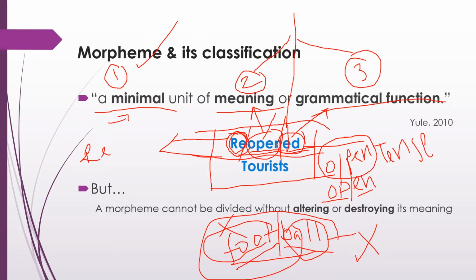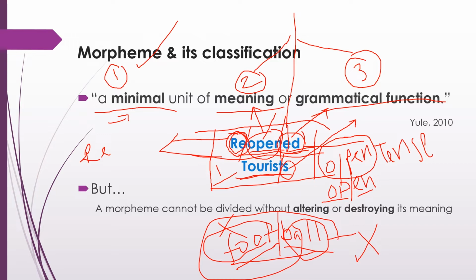At the same time, if you look at this particular word tourists, you have tourist and s. Whenever you are referring to tourist, you are referring to only one person, that means singular. But whenever we are adding s after tourist, then we are referring to a plural situation. So that means there are more than one tourist. So that's how it is referring to grammatical function as well. As this is grammatical function, that's why we are referring to it as a morpheme.